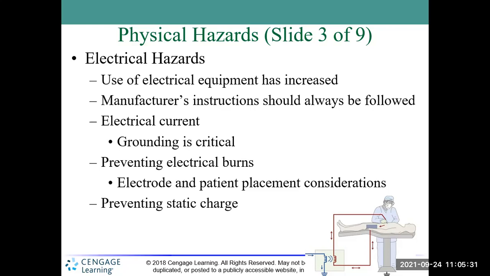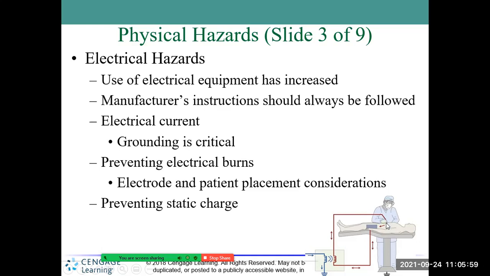Here in this picture in the lower right corner, I've got a picture of an ESU grounding pad. So you can see here the lowest one from the grounding pad on the patient's thigh. The electrode is a negative electrode that's then going towards the ESU. And so this is the ESU unit that then transmits a positive electrode into the bipolar end.